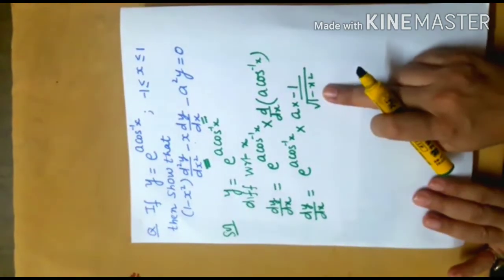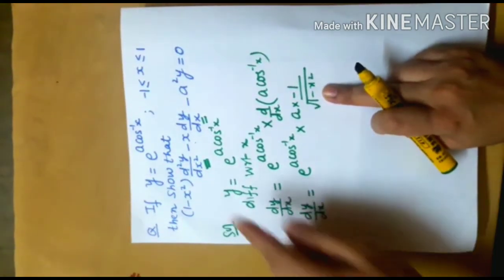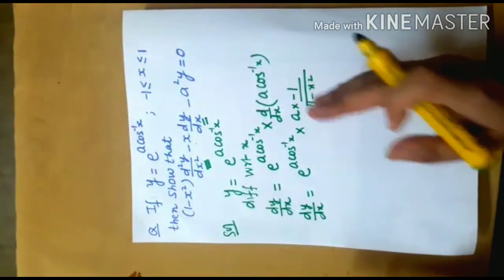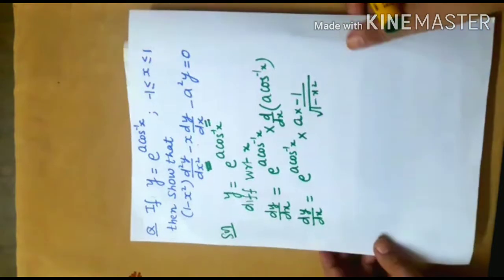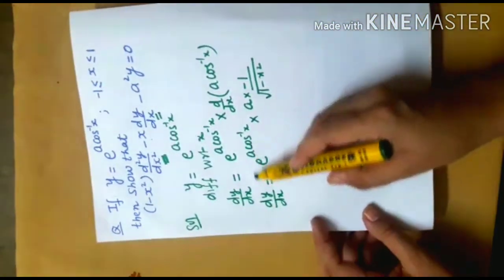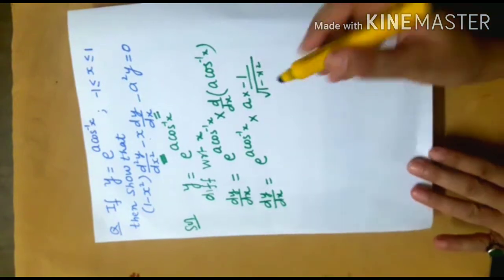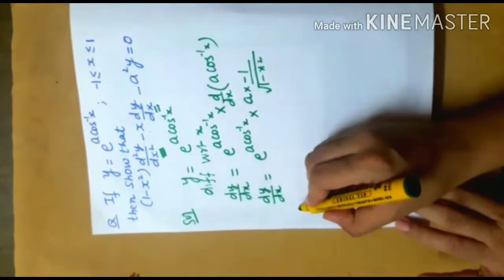This is the first order derivative. Now I want the second order derivative also. So I need to differentiate again with respect to x. If I differentiate here, I will have to apply the quotient rule. So what I do, I transpose this to this side.